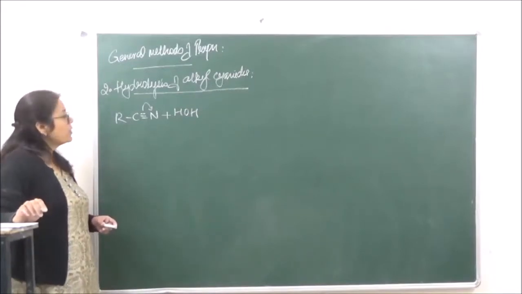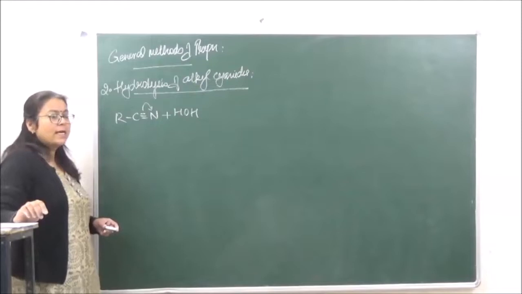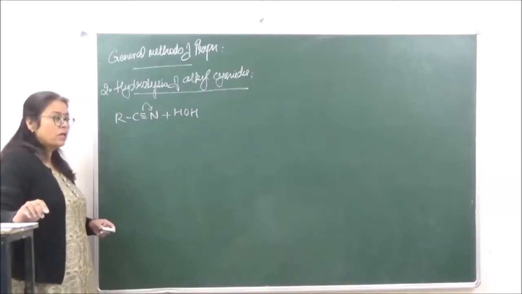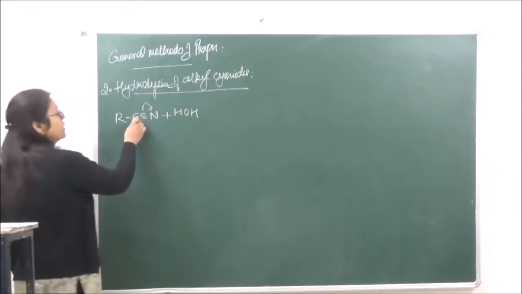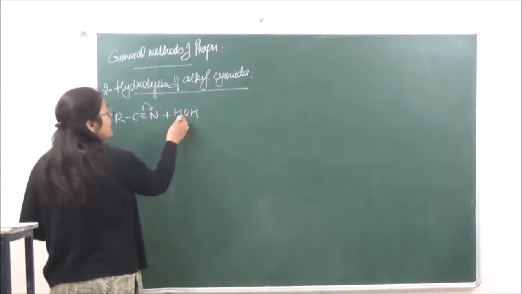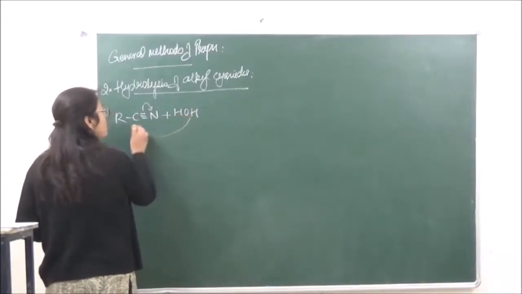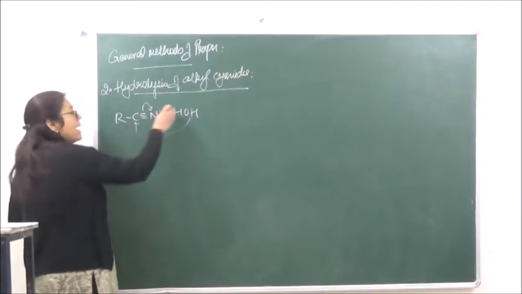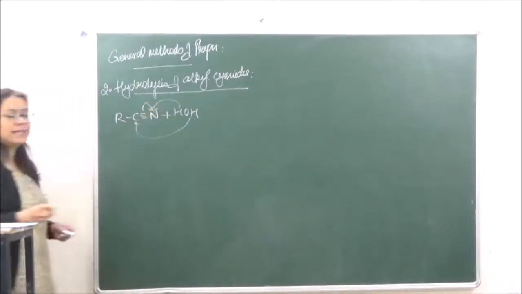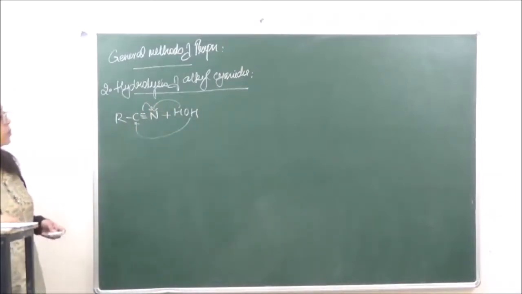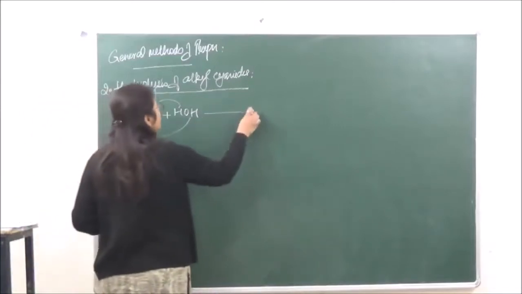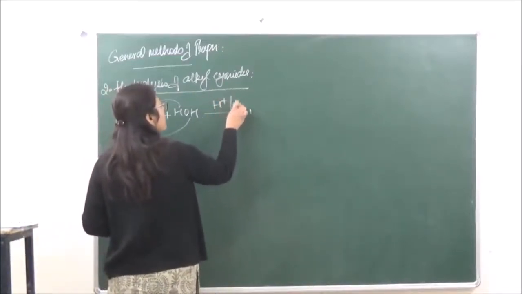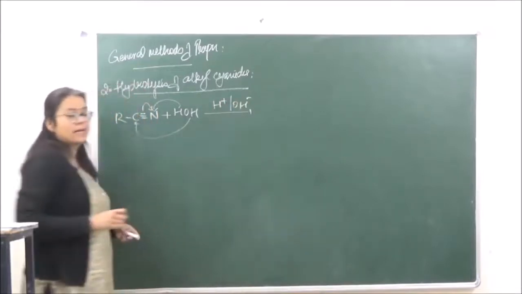So nitrogen is going to have a slightly negative charge, and carbon a slight positive charge. Okay? So over here, the negative part will go and attack at the carbon atom, and the positive part is going to attack at the nitrogen atom, such that we have an addition product which may be formed in either acidic or alkaline medium.